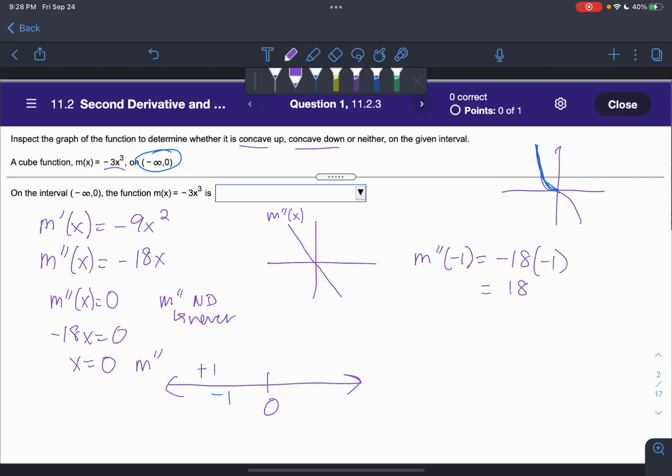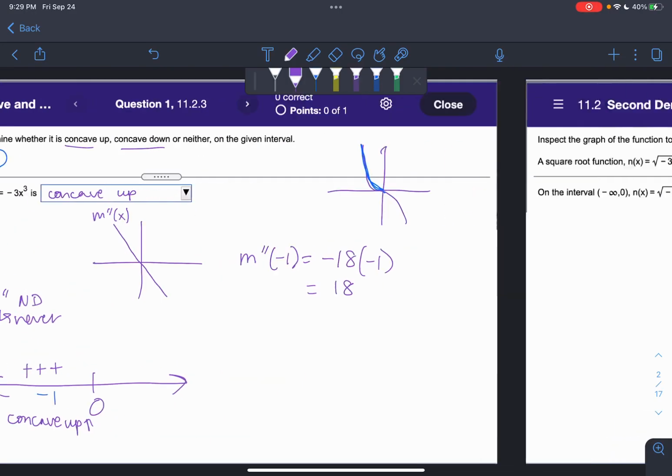So that means my second derivative is positive, and that corresponds to my original function, m of x, being concave up. All right, so our answer is concave up. If my second derivative were negative, then it'd be concave down. But I'm sure we'll see more examples of that.